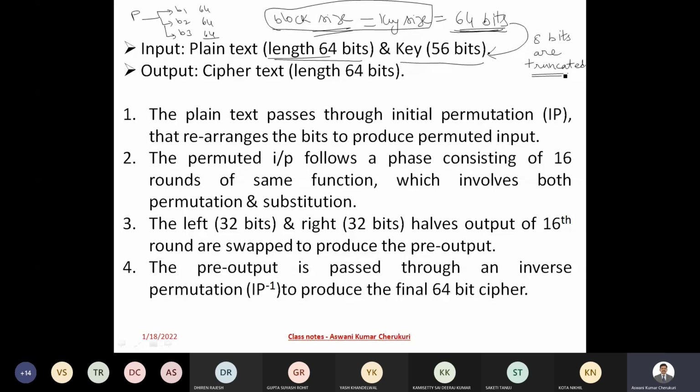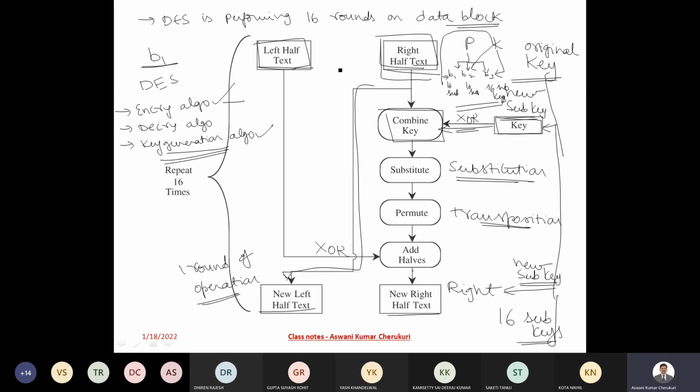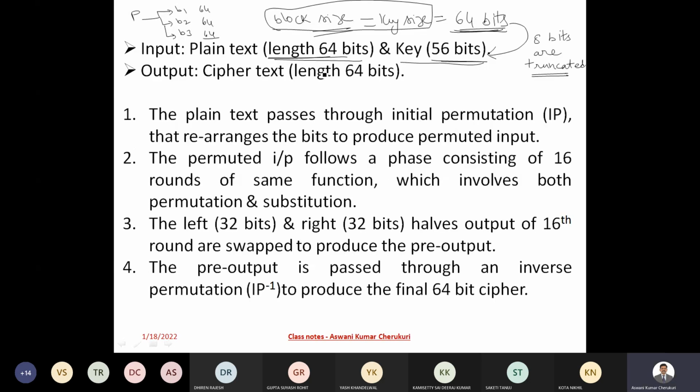But these 8 bits are truncated and hence your key size is 56 bit. So you have the plain text block of 64-bit and key size of 56-bit. They would undergo the processing we have discussed in the previous scenario. Once you complete 16 rounds of operation, after 16 rounds, you get the cipher text.